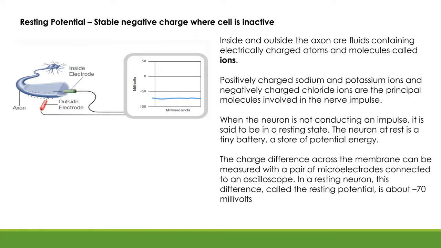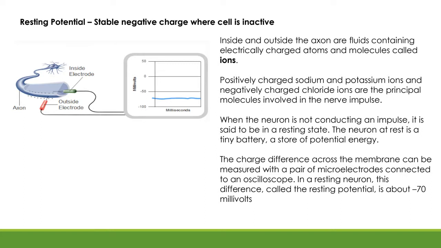Okay. When it's in a resting state, it has got a resting potential. If you put it on a battery and you test the electrical current, it means that it's got a resting potential. It's sitting, waiting, almost like when you attach something to a battery to use it, that's where it starts to change. But when it's resting, it's got a little resting potential of about minus 70 millivolts.